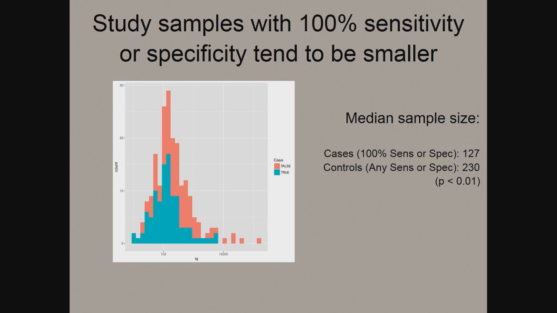Whereas if you do a study with 30 people, just by chance, those 30 people with disease may all turn out to test positive. So studies that are exactly 100% sensitive, on average, have about half the sample size of studies that are 99% sensitive, that are not 100% sensitive. Okay.